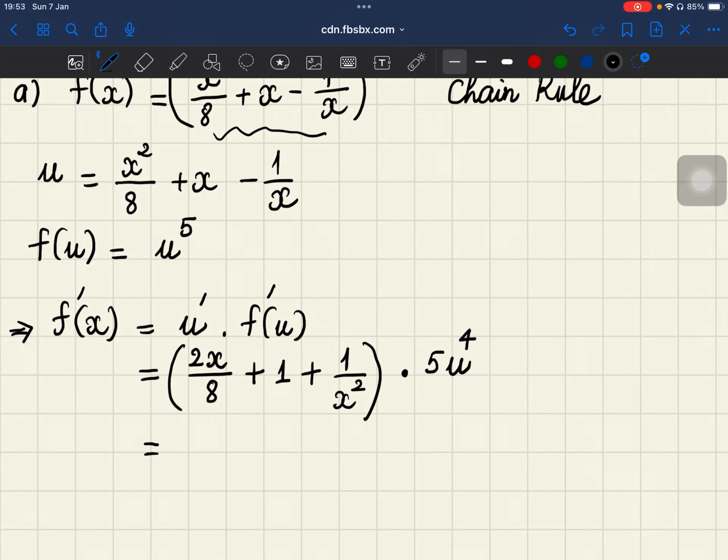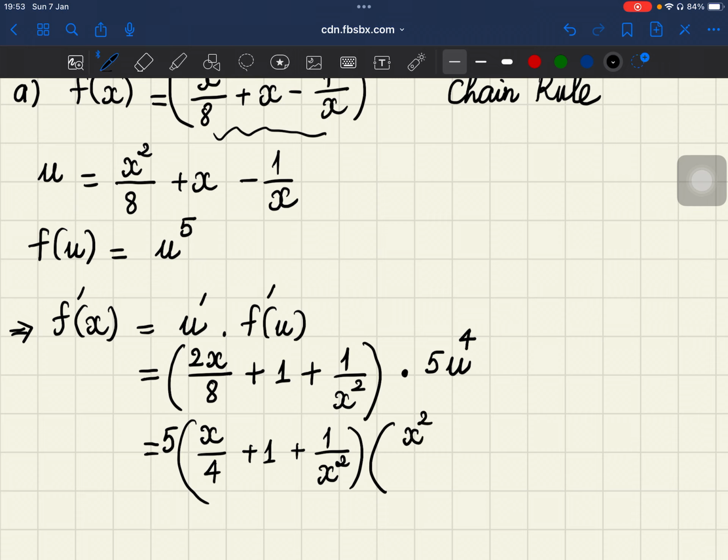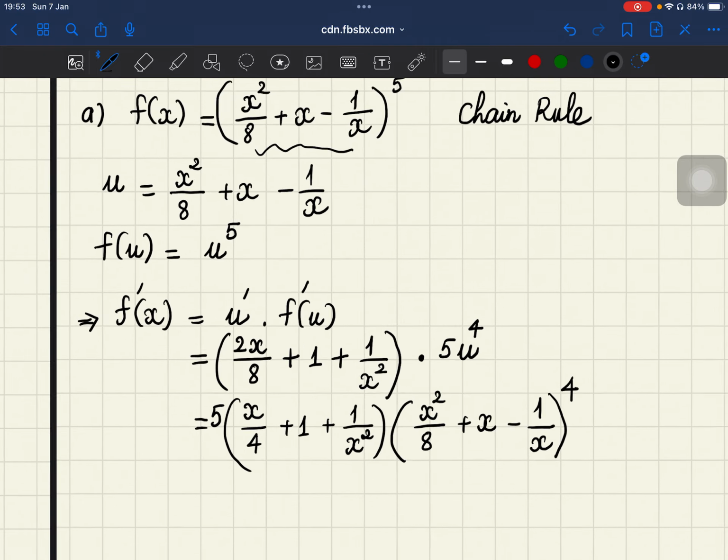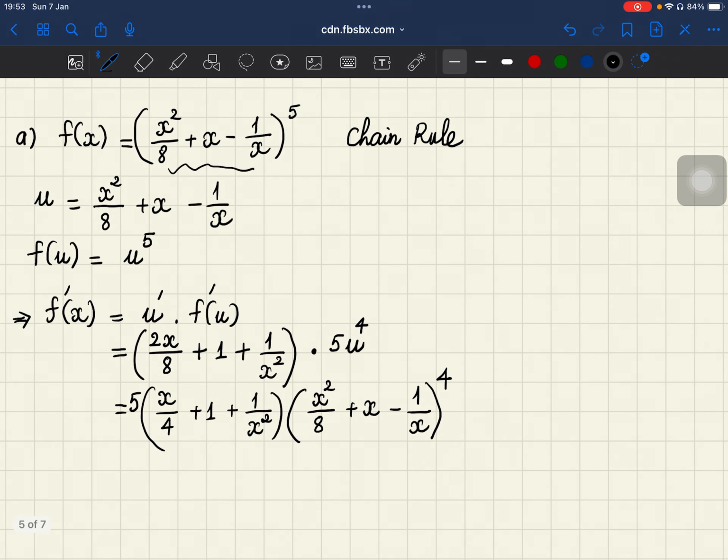So we will have here x divided by 4 plus 1 plus 1 divided by x squared multiplied by 5. Maybe I put 5 in front so it will look nicer. u to the power 4. So we will have 2x squared divided by 8 plus x minus x, 1 divided by x to the power 4. So here we can find the first derivative of f(x).